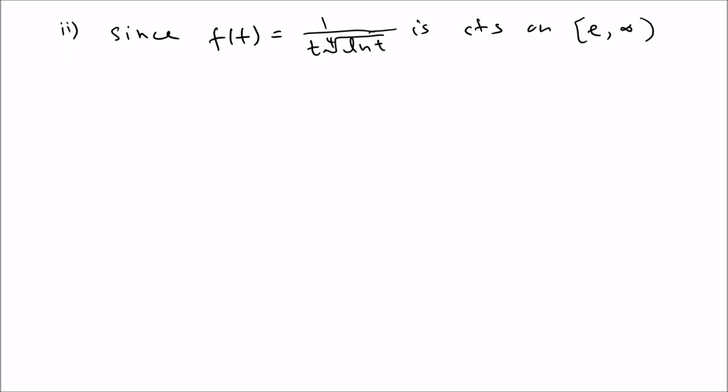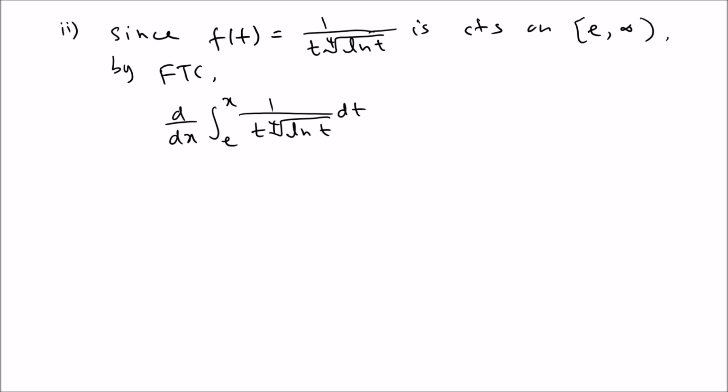So what we can do is, by the fundamental theorem of calculus, FTC, the derivative of the integral from e to x of 1 over t times the fourth root of ln t dt is simply you replace t by x.